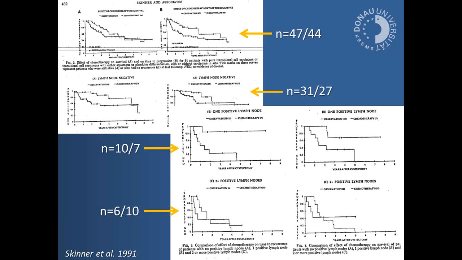They did subgroups with lymph node negative, one positive lymph node, or more than 2 positive lymph nodes. As you can see, the numbers are really low, so the power is really, really low. In fact, this is not really valid as a real subgroup analysis.